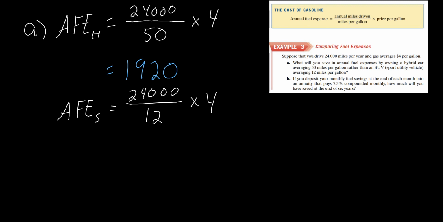So 24,000 divided by 12, and then times 4, that's 8,000, right? Yeah, 8,000. So that is the annual fuel expenses of our hybrid vehicle versus our SUV. That is incredible.